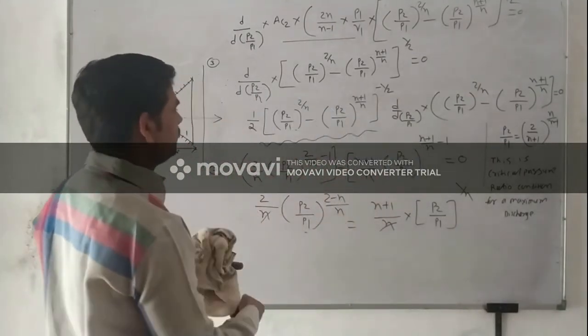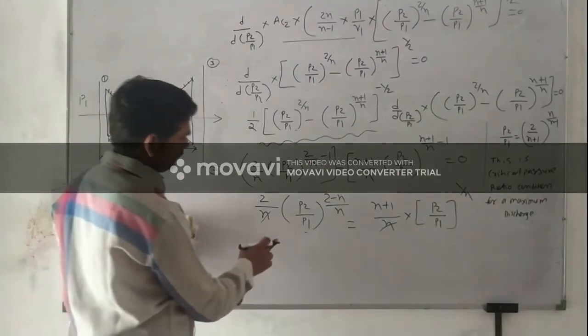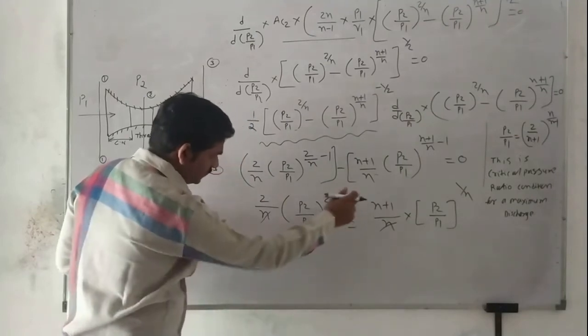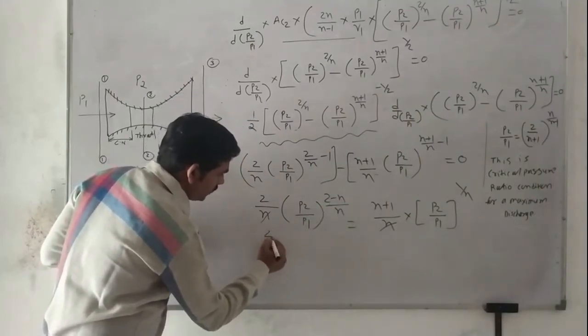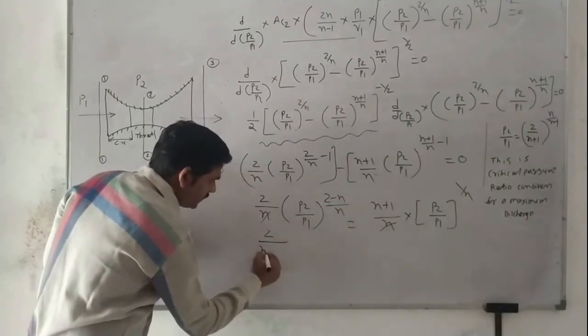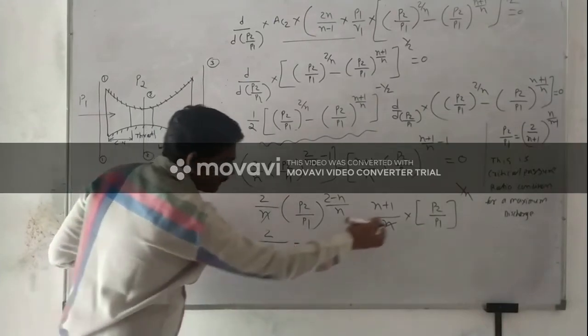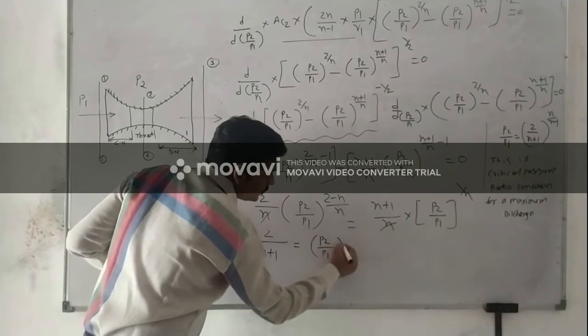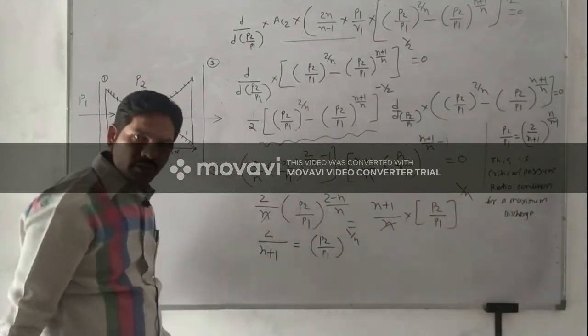After you understand this, this n gets cancelled. What do we solve once again? 2 upon n plus 1, right? This is P2 upon P1 to the power 1 by n, correct?